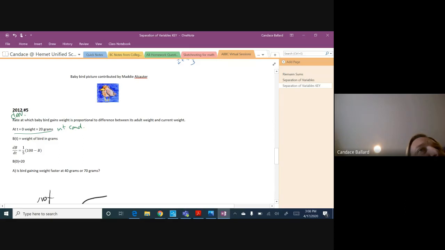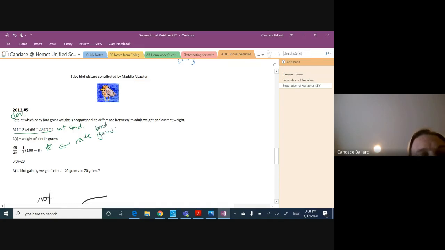If B of t is the weight of the bird in grams at time t days after it's first weighed, then they give us this nice little derivative. And this derivative is really referring to the rate the bird gains weight.